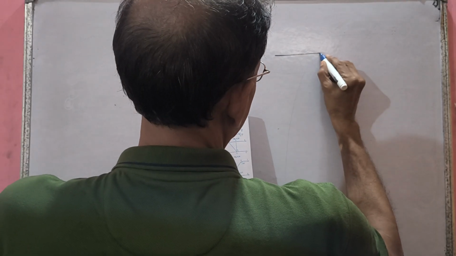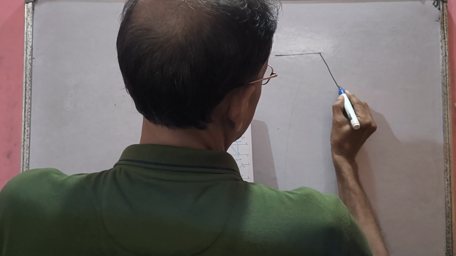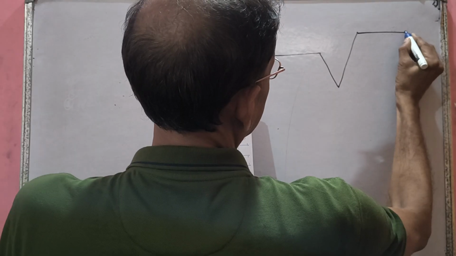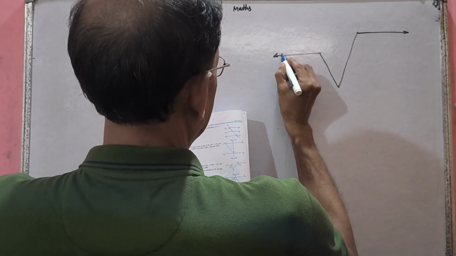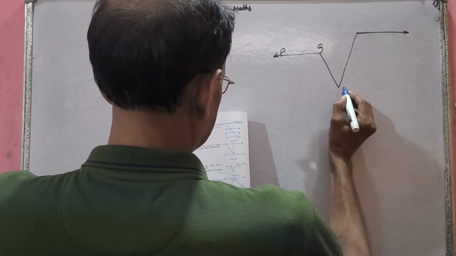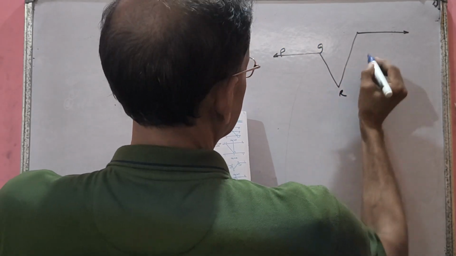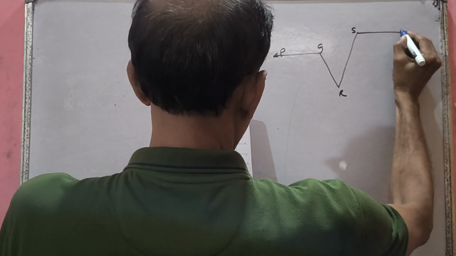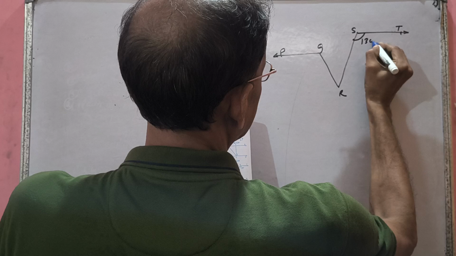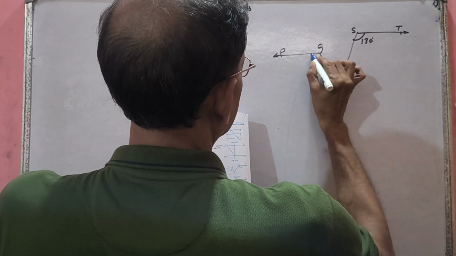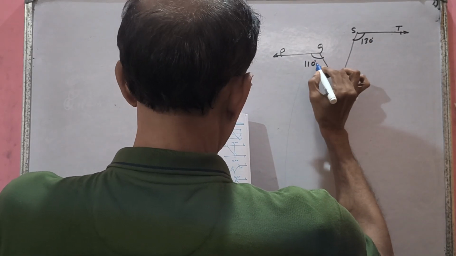Simple only. Here what is given? PQ. This point is R. This is S. And this is T. This angle is given 130 degree. This angle is given 110 degree.